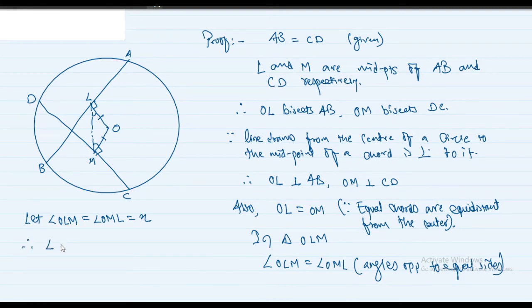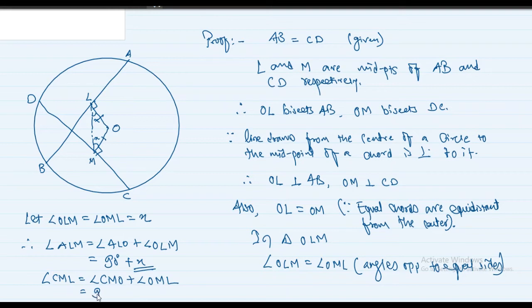Therefore, angle ALM is equal to angle ALO plus angle OLM, which is 90 degrees plus x, right? Similarly, angle CML is equal to angle CMO plus angle OML, that is 90 degrees plus x, right?